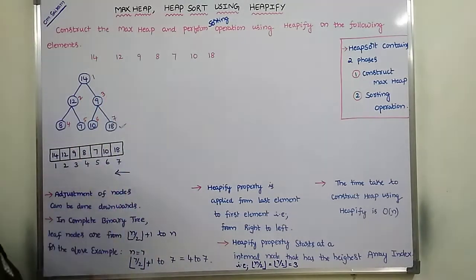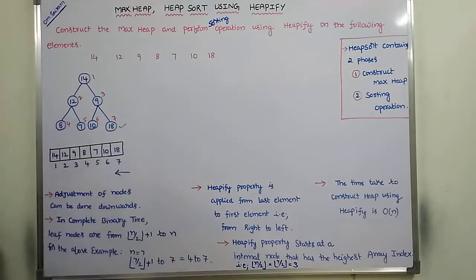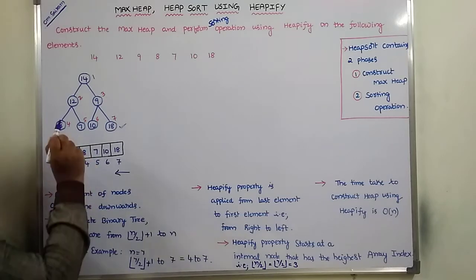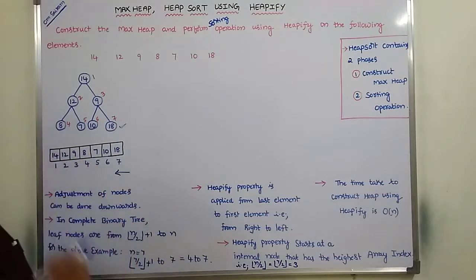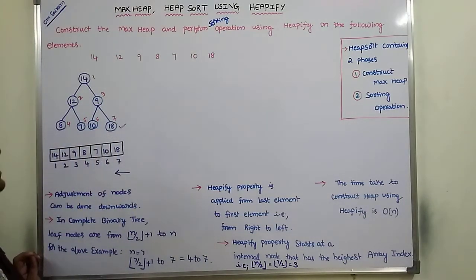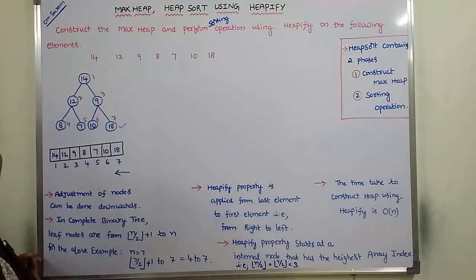So here node value 9. Here 9 has two children, one is the left child and another one is the right child. Here the parent node value is always greater than its children's node values. Is 9 greater than 10? It is false. Is 9 greater than 18? It is also false.